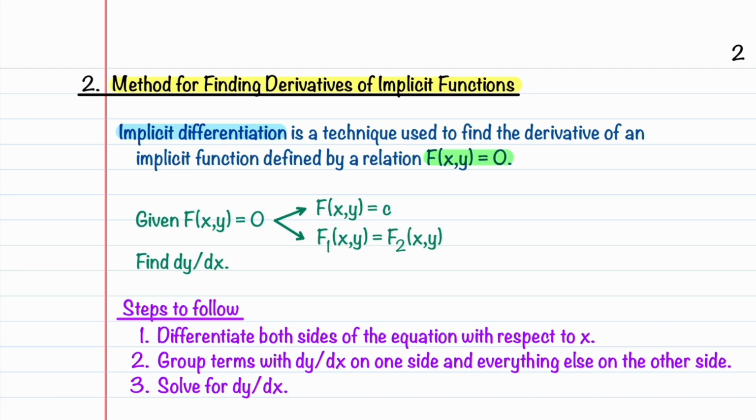We may be given capital F of x comma y equal to 0, or capital F of x, y equal to a constant, or capital F1 of x, y equal to capital F2 of x comma y. No matter what format we're given, our job is going to be to find the derivative dy dx.